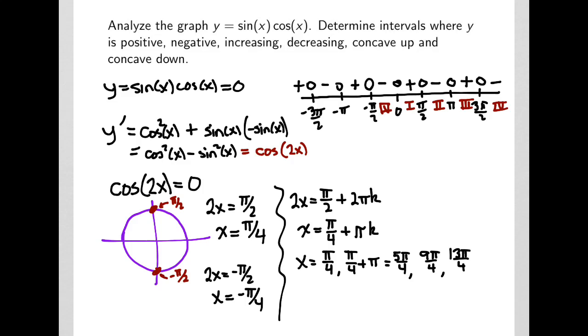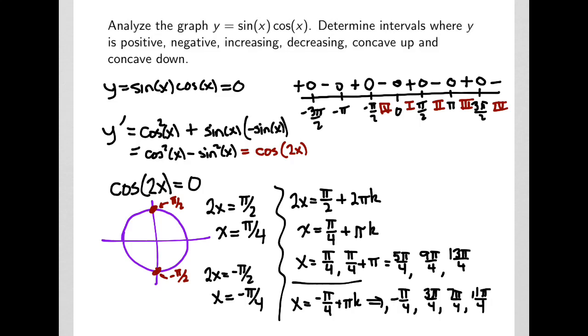And if I go to the second system, I'm going to get x equals negative pi over 4 plus pi times k, which gives me negative pi over 4. If I add 4 pi over 4, I get 3 pi over 4, 7 pi over 4, 11 pi over 4, and so on. And so I get the same positions that I had for the previous example.